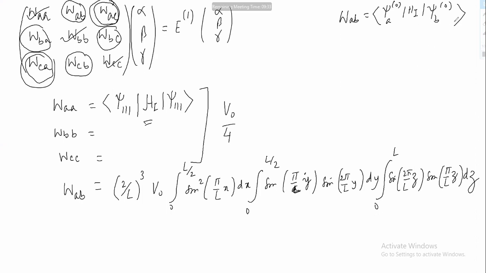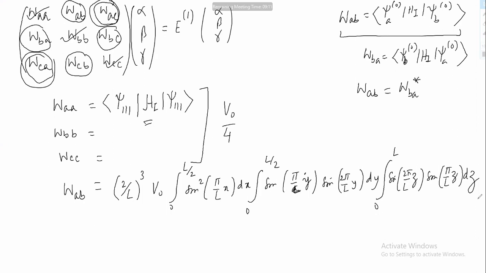This was the basic definition of WAB, and then WBA was psi B0, HI, psi A0, and that is what I am telling you, that WAB is WBA star. Is it clear?